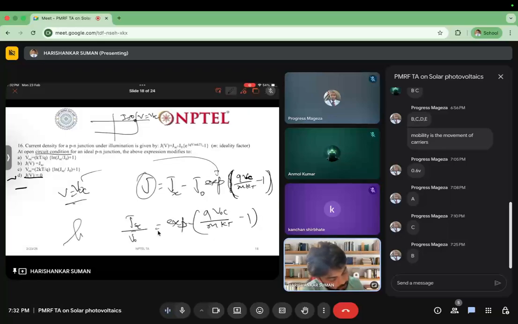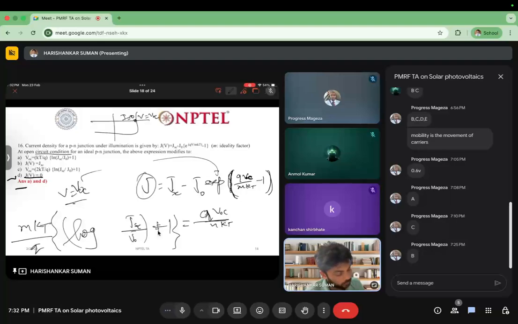Take log both sides. The log and exponential cancel out, and you have log of JSC by J naught plus 1, and MKT divided by Q. This is VOC.